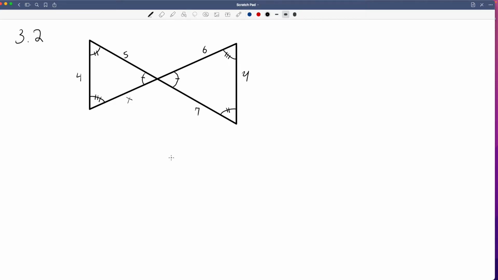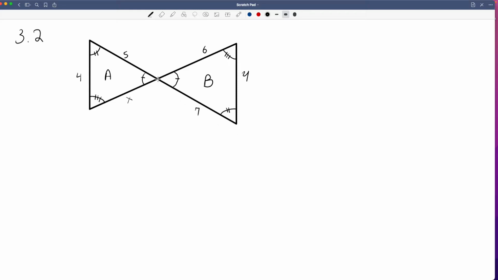So let's set up this scale factor method. So I'm going to label these triangles. I'm going to label this triangle A and triangle B. And I'm going to give these points, these angles, each a name for the sake of orientation.